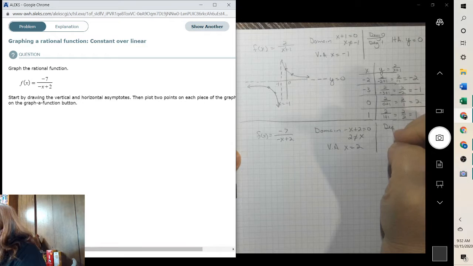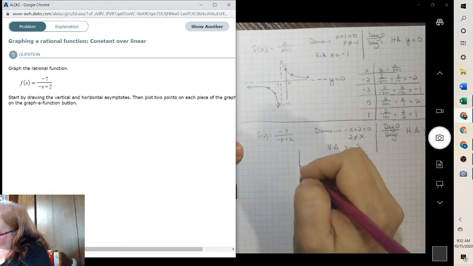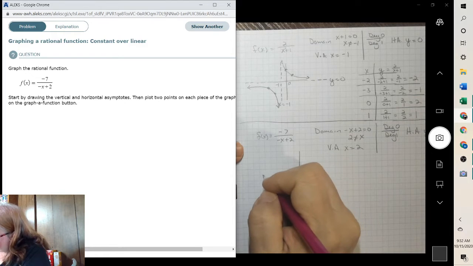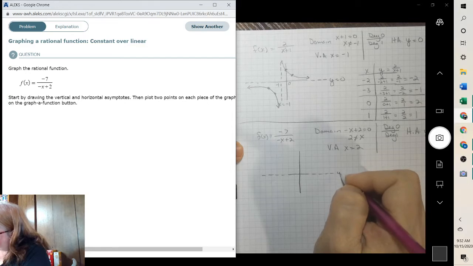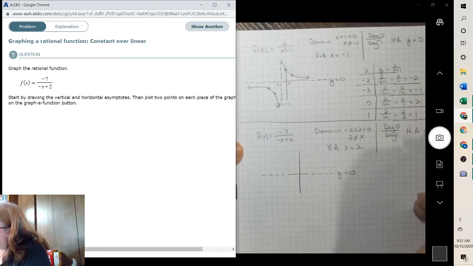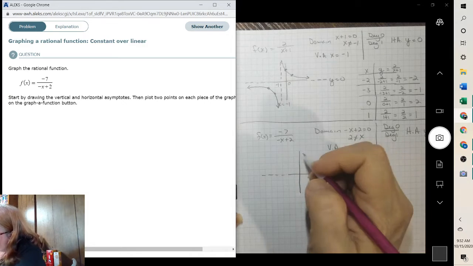Degree on the top is 0. The degree on the bottom is 1. So we have a horizontal asymptote at y equals 0. So y equals 0 is our horizontal. Our vertical is at 2.